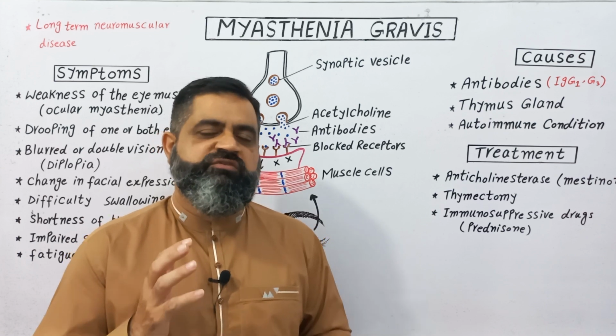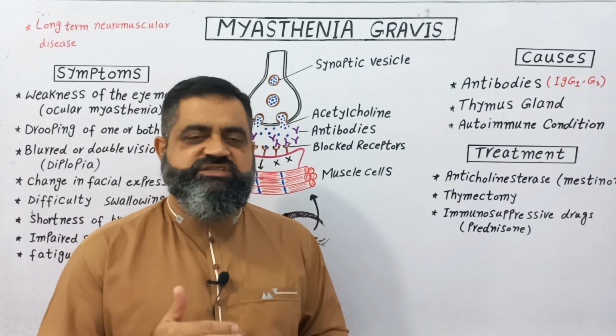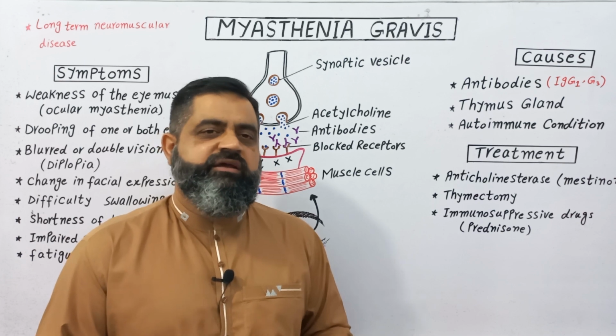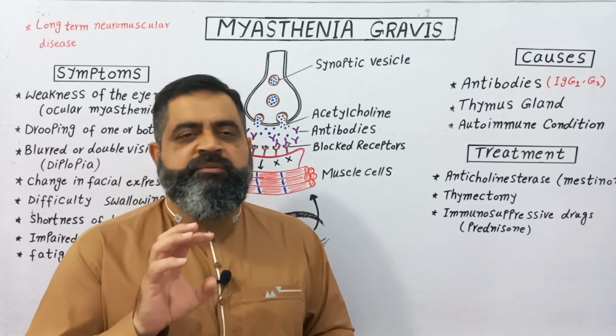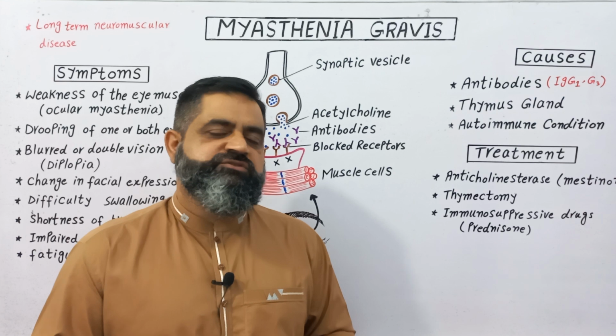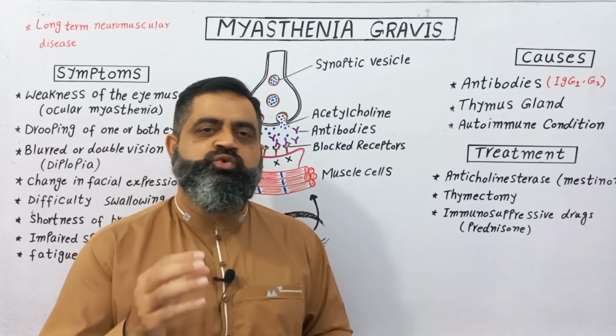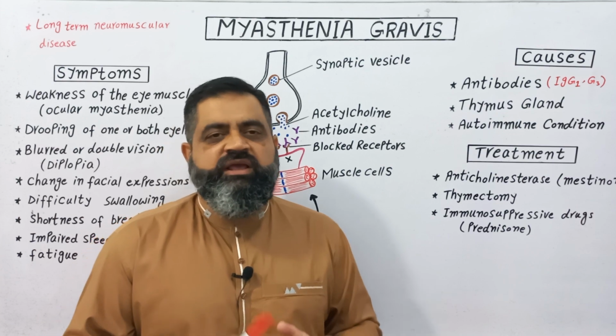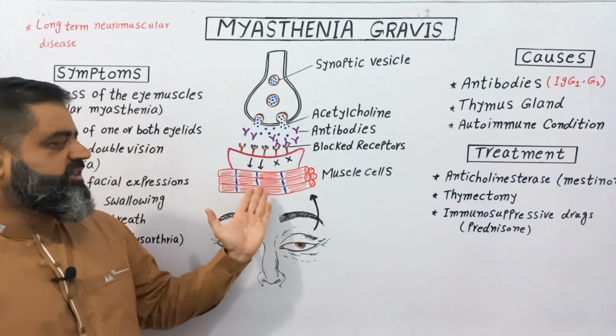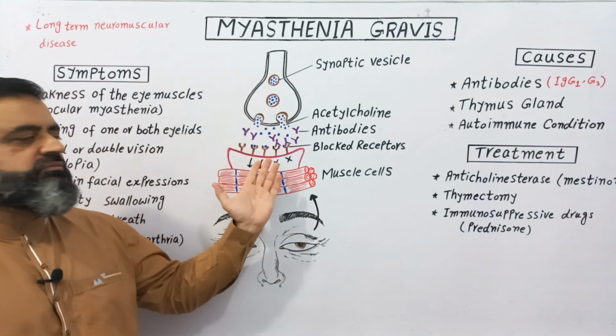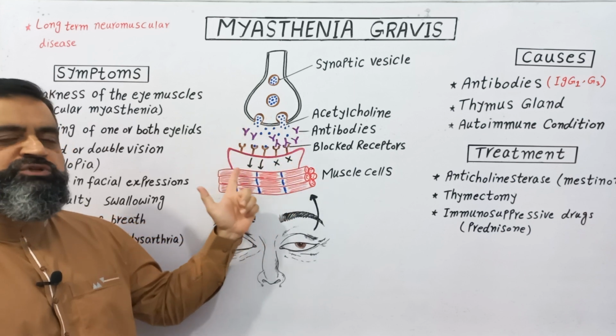Certain neurons from our brain and spinal cord reach those muscles, and according to the nerve impulse from our central nervous system, that muscle is able to contract. There is a junction between the muscle and the neuron, which is known as the neuromuscular junction.